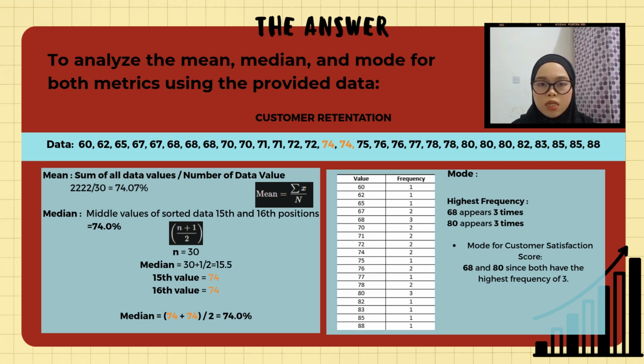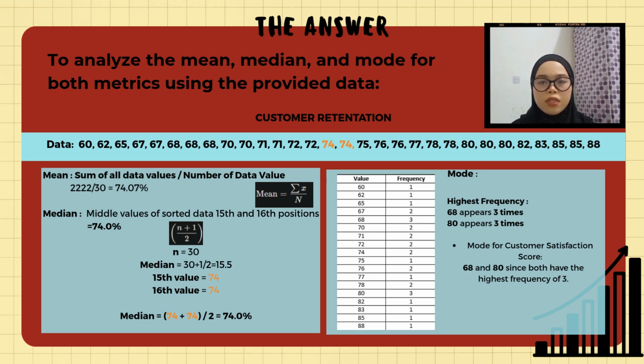The formula is still the same: sum up all the data values and divide by the number of data values. Here I get 2222 as the sum, and 30 as the number of data values. So the total is 74.07%.